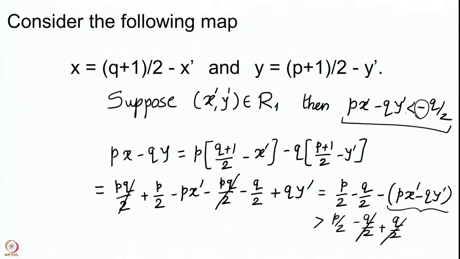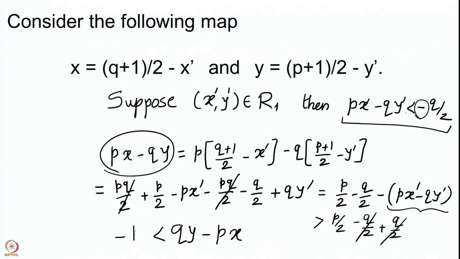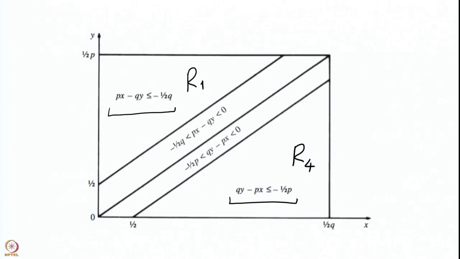So, these two get cancelled. Therefore, what we get is Px minus Qy is bigger than P/2, or in other words, when you multiply by minus 1, we get that it is less than minus P/2. And this is the equation of our region R4.